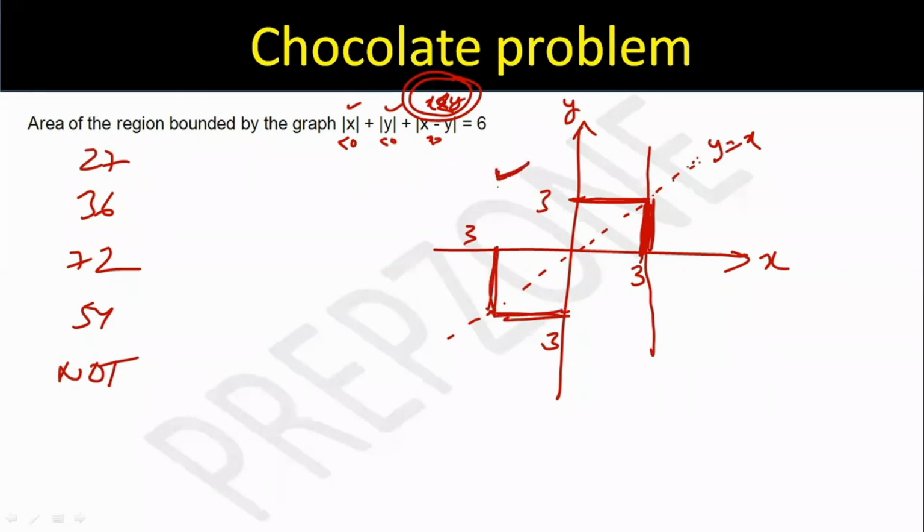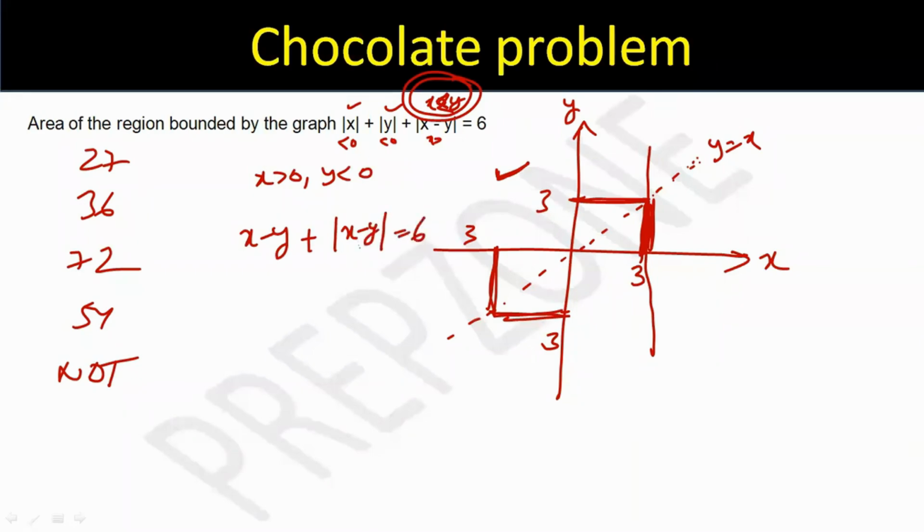what will happen in this? There are 2 cases which I am confused about, which is x is greater than 0, y is less than 0, and then by default x is greater than y. So it has to be x minus y plus mod of x minus y equals 6, right?